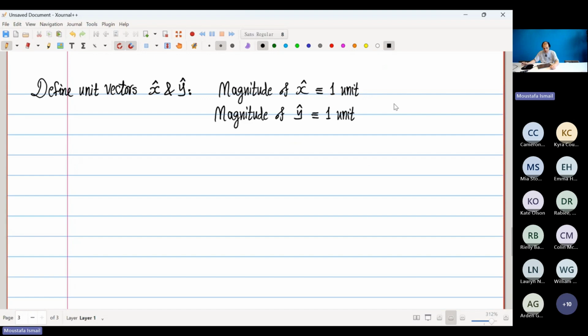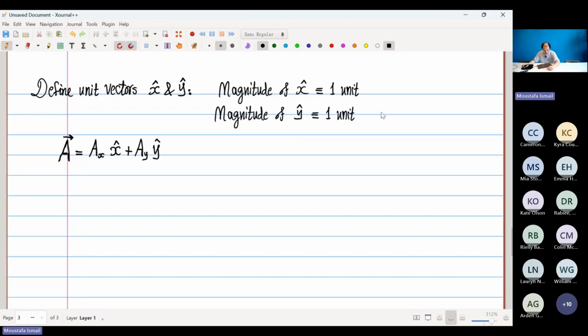Then you can write any vector as a combination of these units. So in general, you can write a vector A as a scalar ax along x hat plus a scalar ay along y hat.